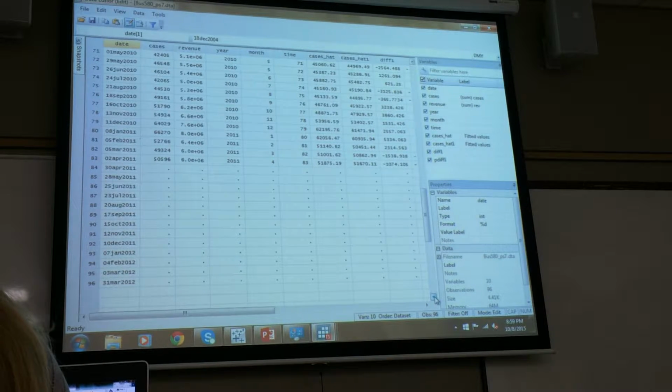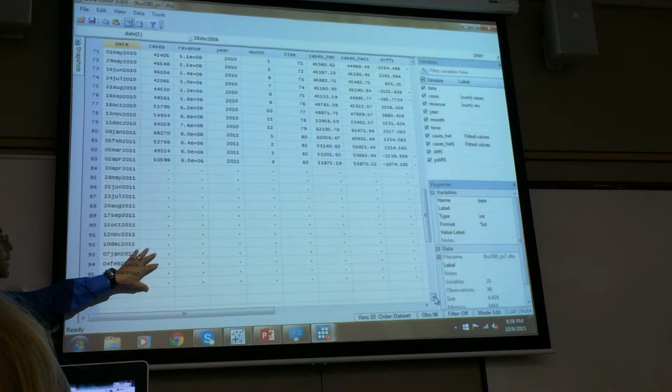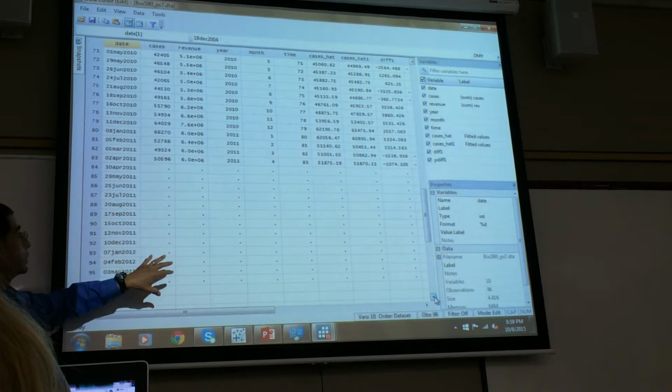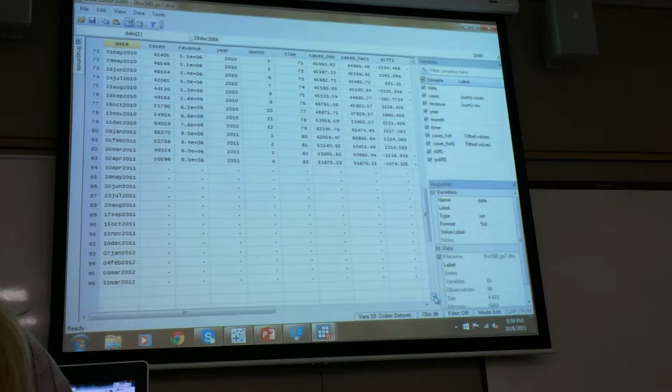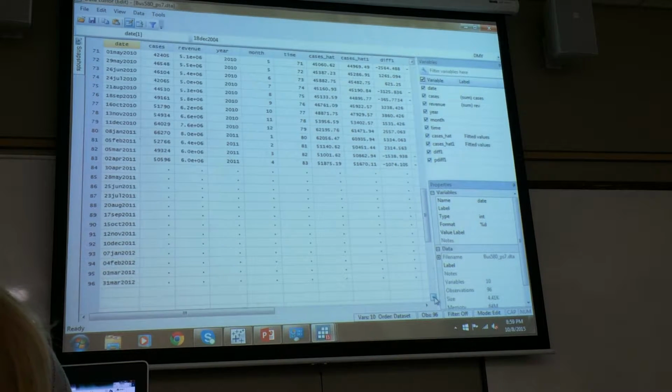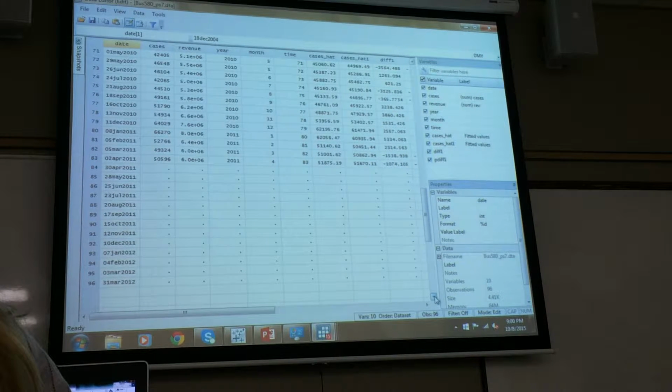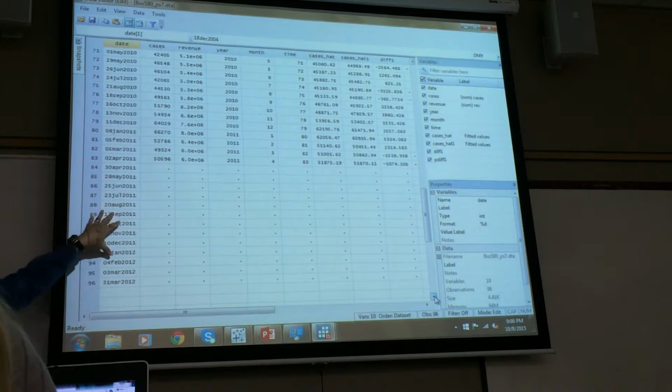So even though there is no data here, and we can't add the data, what we do need to do is add in the variables that we're going to predict for, that we're using in our model, and that's month and time. If we don't do that, the model will only predict for the periods in which those variables exist. In other words, it won't forecast into these 13 periods.